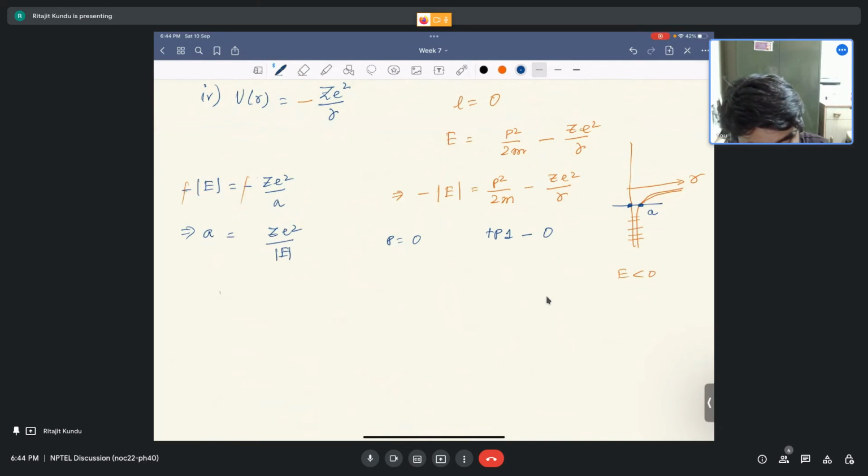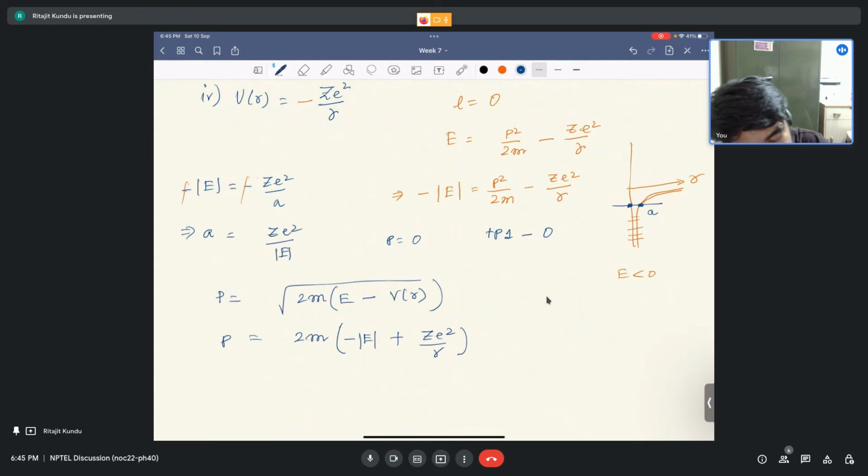The momentum is given, as usual, by the square root of 2m times E minus V of r. So it is the square root of 2m times minus mod E minus z e square by r. So this is my momentum.